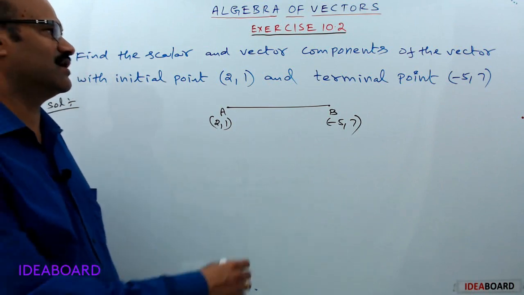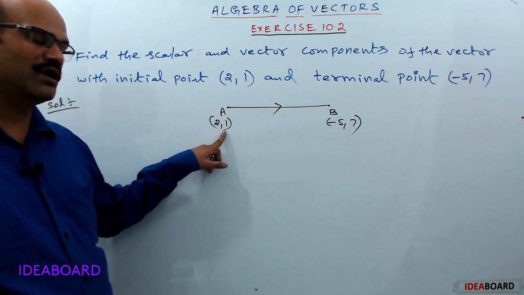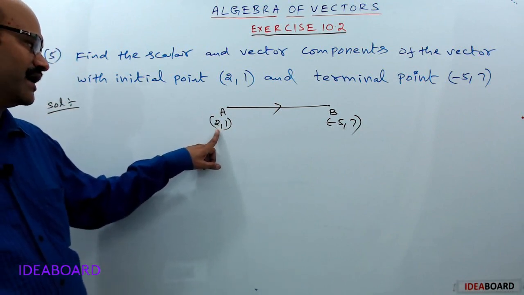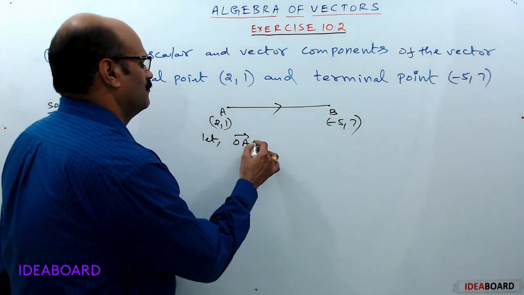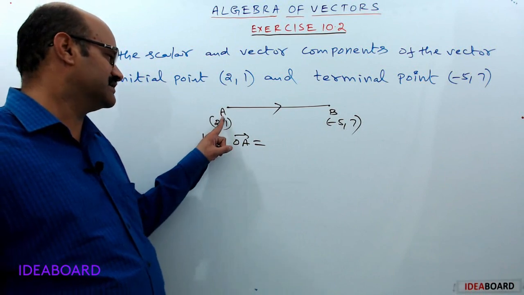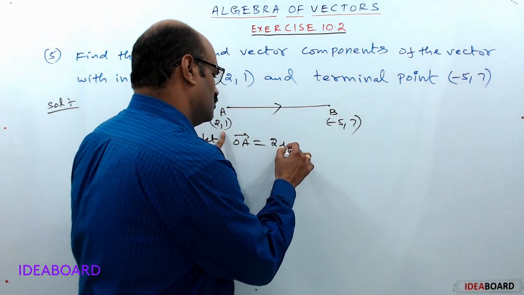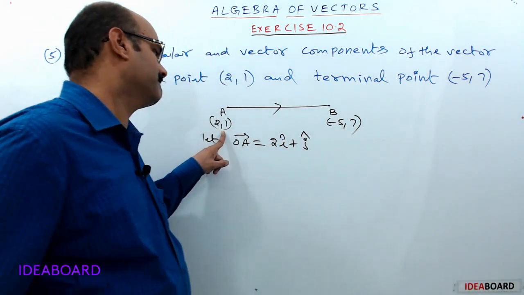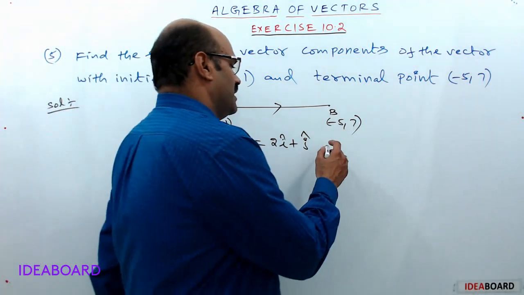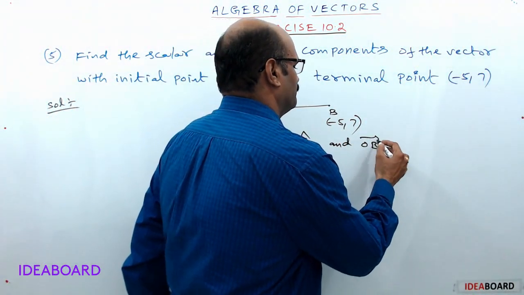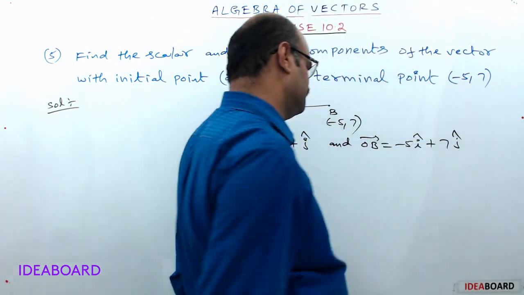Whenever a point is given, it can be taken as a vector. Let OA vector equal to 2i cap plus j cap, and OB vector equal to -5i cap plus 7j cap.